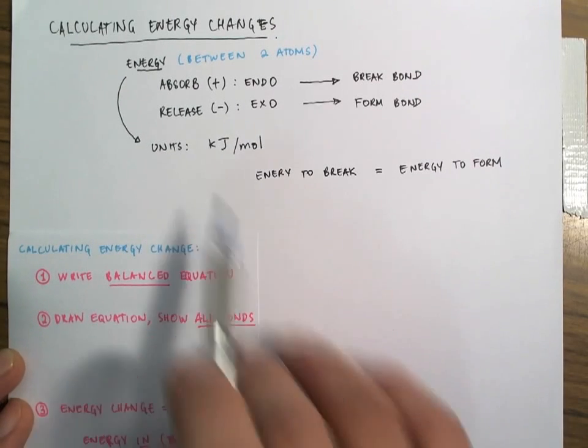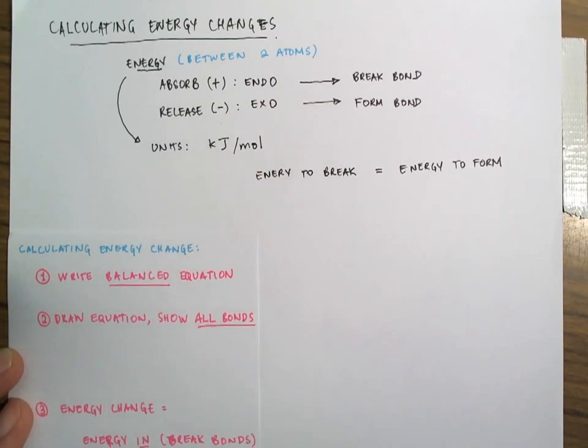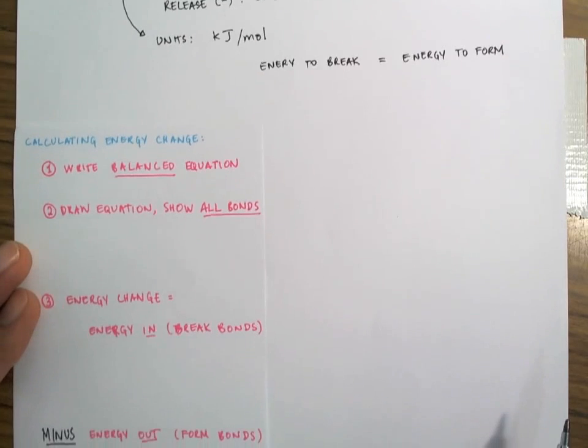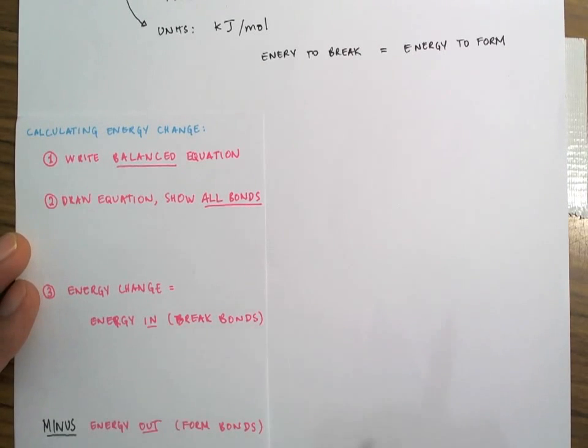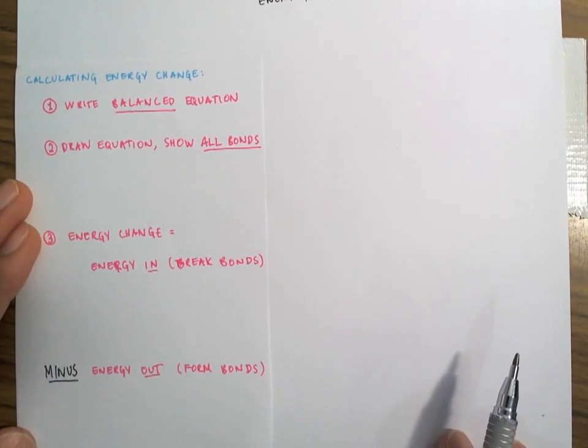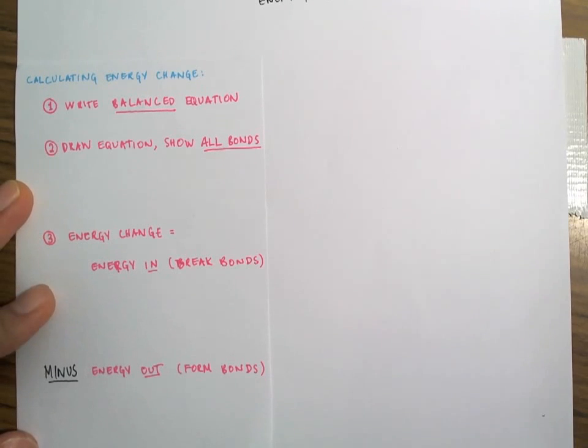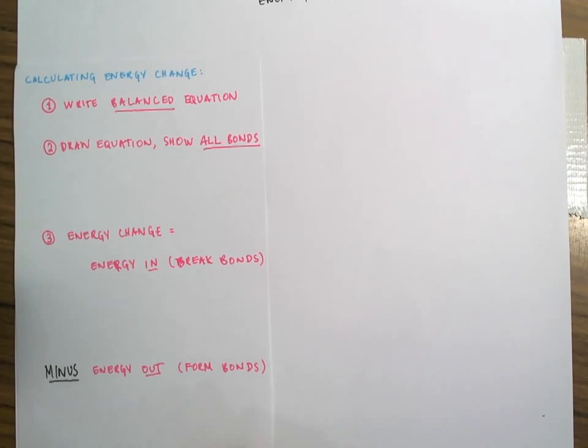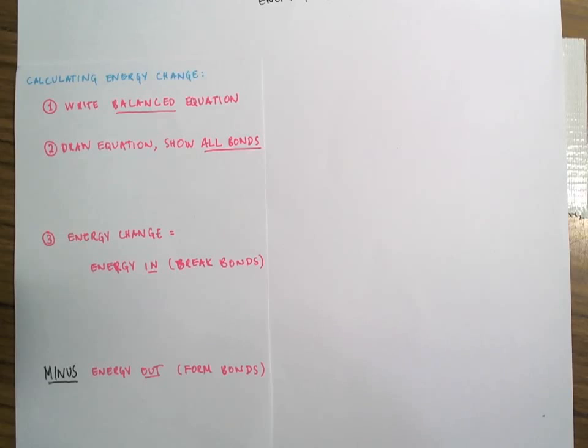Because why minus? Because energy is released when we form the bonds. So if we take the numerical value of energy in minus the numerical value of energy out, that's going to give us the overall energy change in a reaction, and that would tell us whether the reaction is endo or exo, with positive being endo and negative being exo.